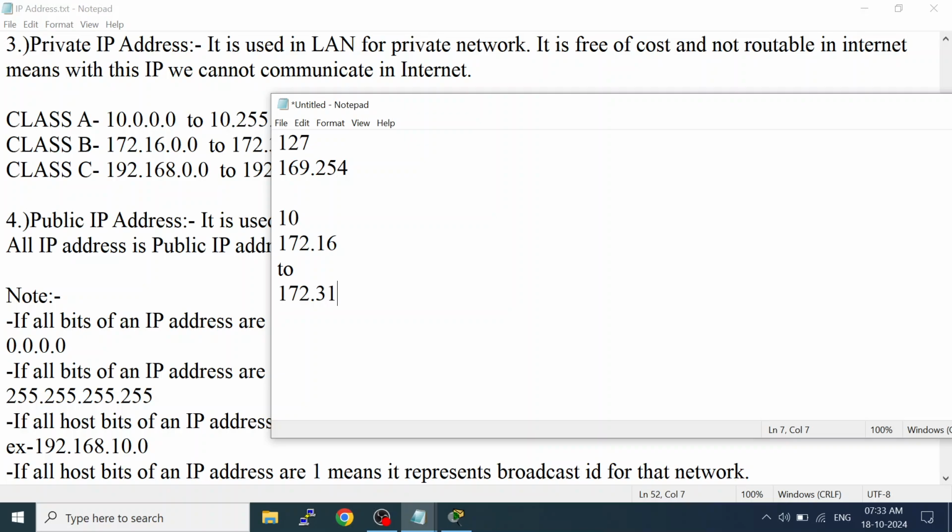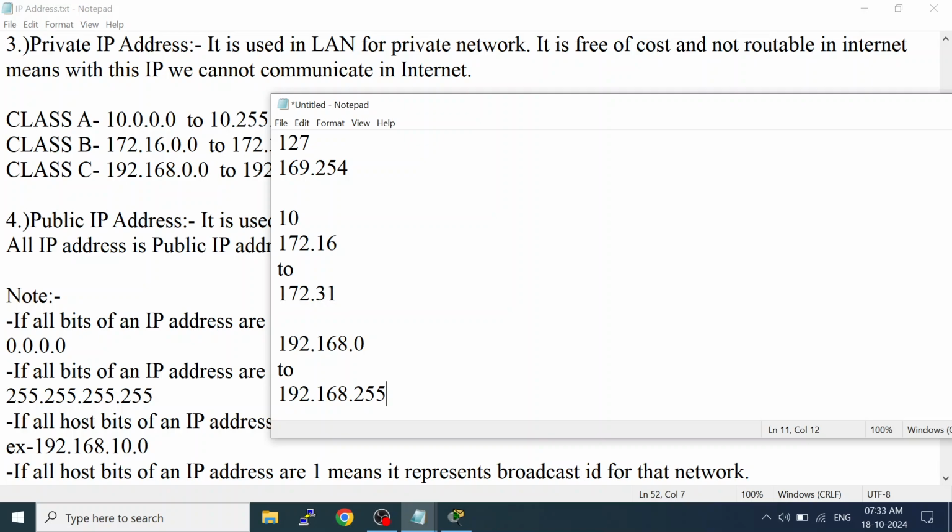Okay. Now, next is 192.168.0 to 192.168.255. So as class C is having 3 blocks of network, we can create 256 different networks of class C. 192.168.0, 192.168.1, and so on.